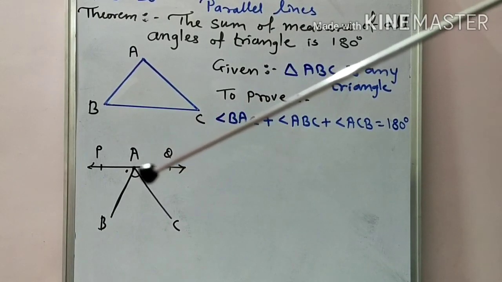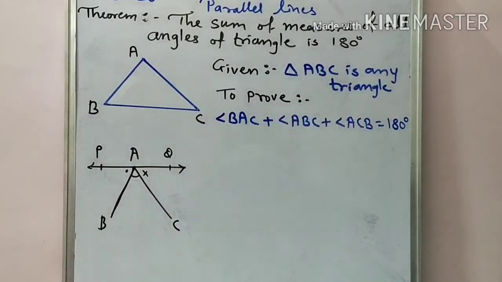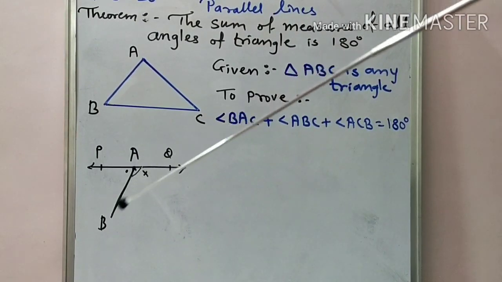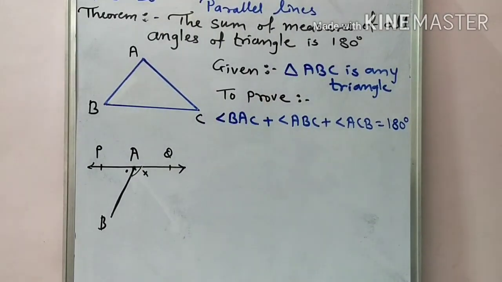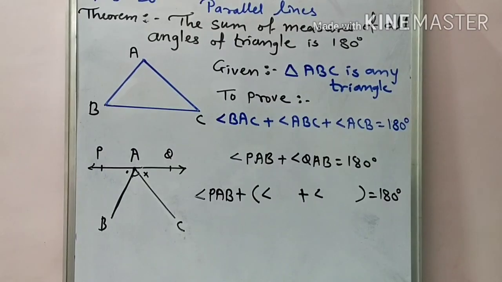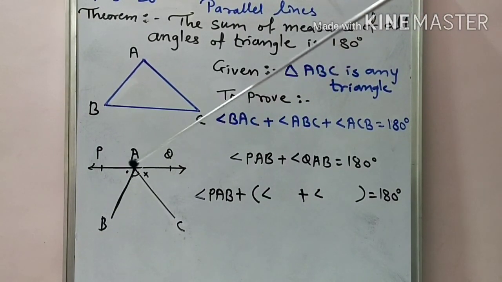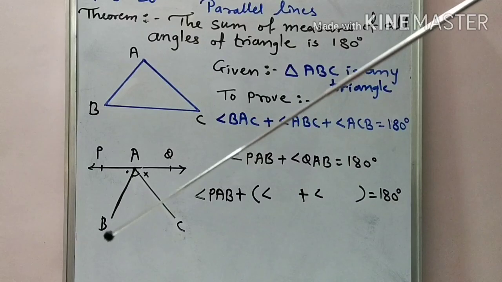Okay, so what we notice here, students, here we have angle PAB, and if suppose AC is not there, then angle QAB, we have these linear pair angles, and the sum of these two angles is what, 180 degrees. Okay, so here we write down that the sum of these two angles, angle PAB plus angle QAB, is equal to 180 degrees, but there is again one segment AC, so that angle QAB bifurcates into two parts, angle QAC and angle BAC.